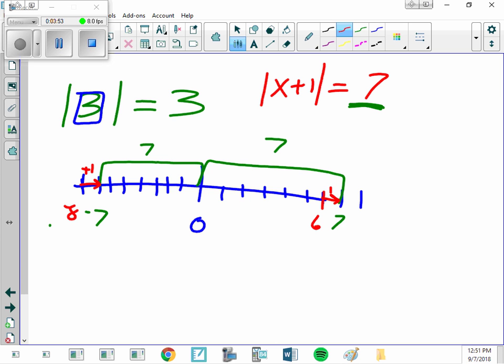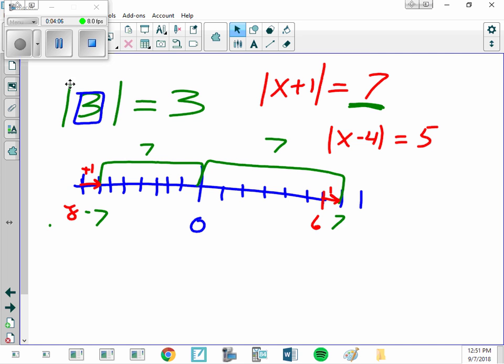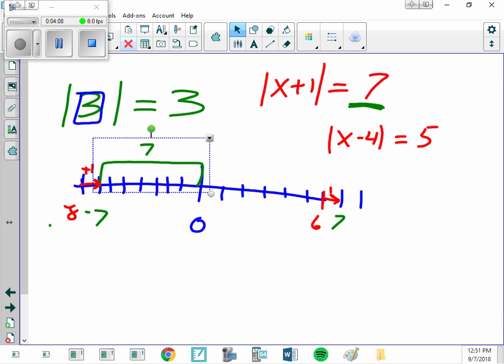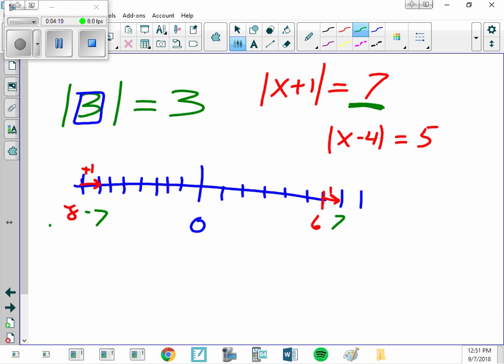Okay, let's do this. The absolute value of x minus 4 is 2. Well, actually, that's a little hard. Let's say 5. What numbers minus 4 are 5 units away from 0? Okay, so I'm going to go 1, 2, 3, 4, 5. Here's my 5.